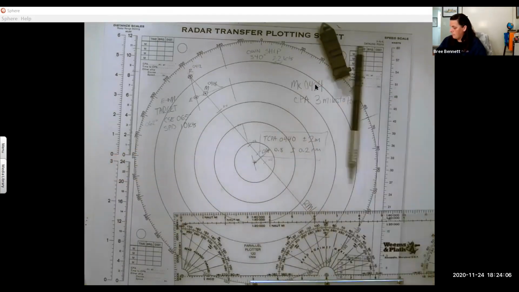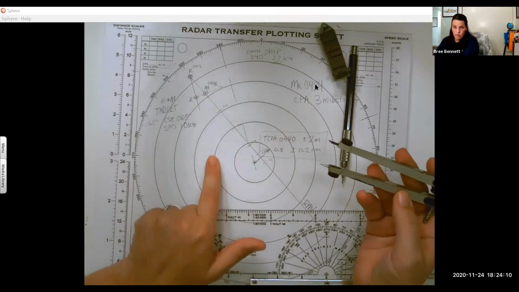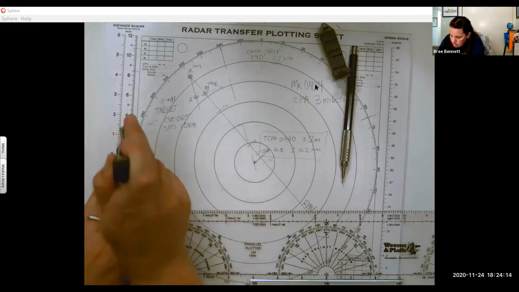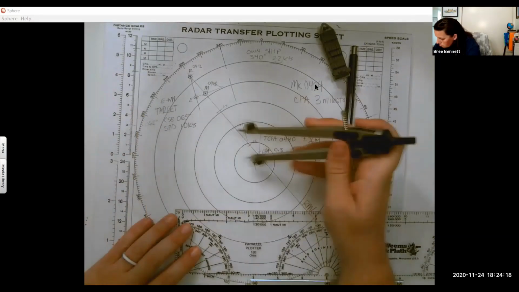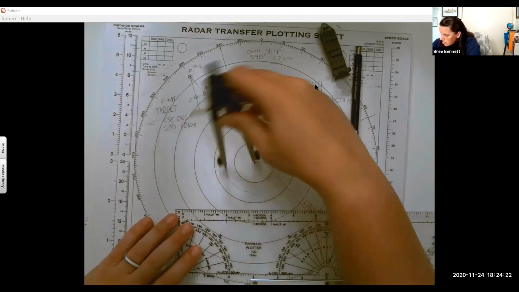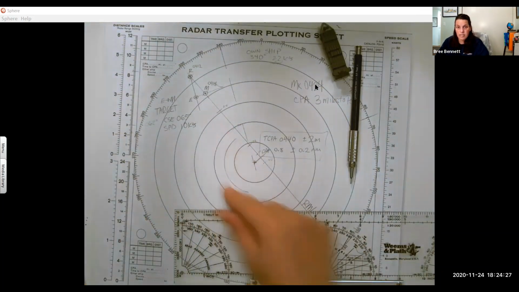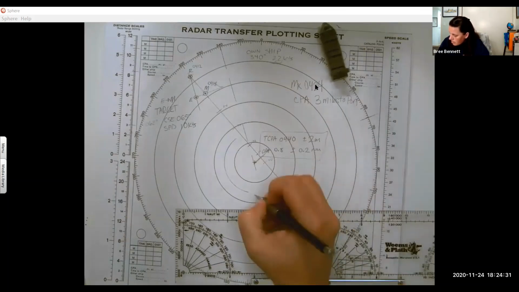So I don't have a 3 mile ring, right? This is 2 and 4. So I'm going to create a 3 mile CPA on my port side. So somewhere along this line. All right, so this is going to be my 3 nautical mile CPA.